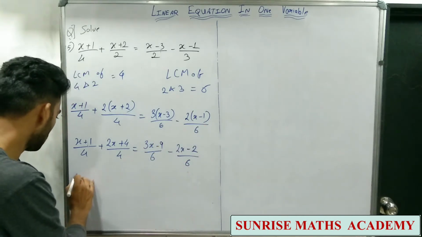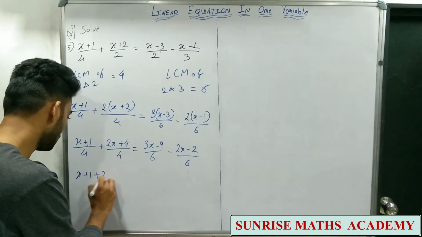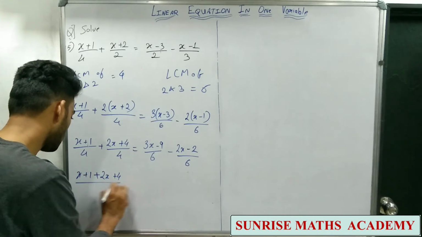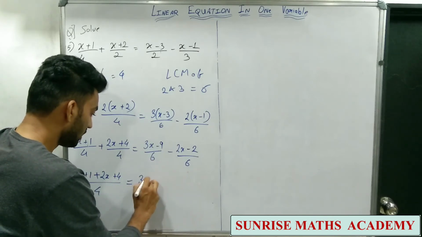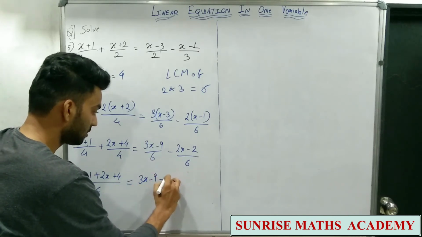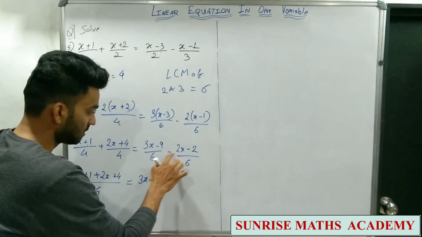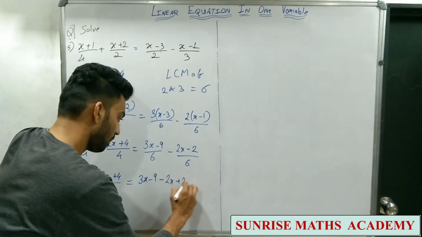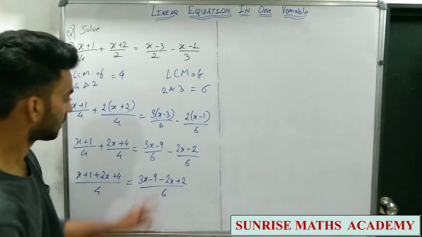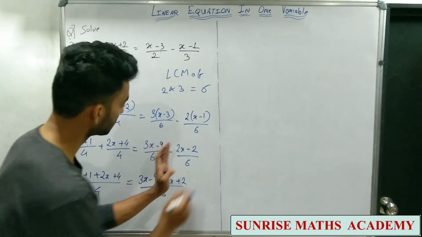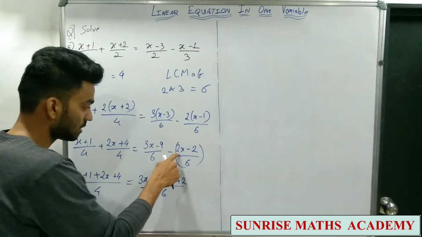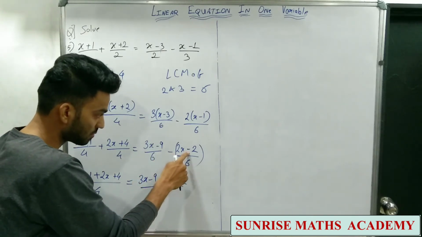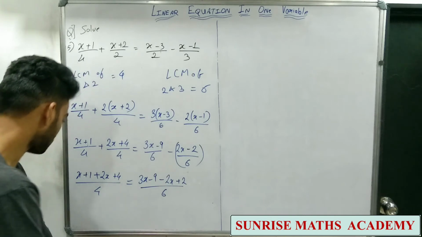Now we'll add this, so x plus 1 plus 2x plus 4 upon 4, these two rational numbers added here, then 3x minus 9 minus 2x upon 6. Here the sign is changing because this minus sign is going to affect it. So this is plus, this will become minus, this is minus, this will become plus.